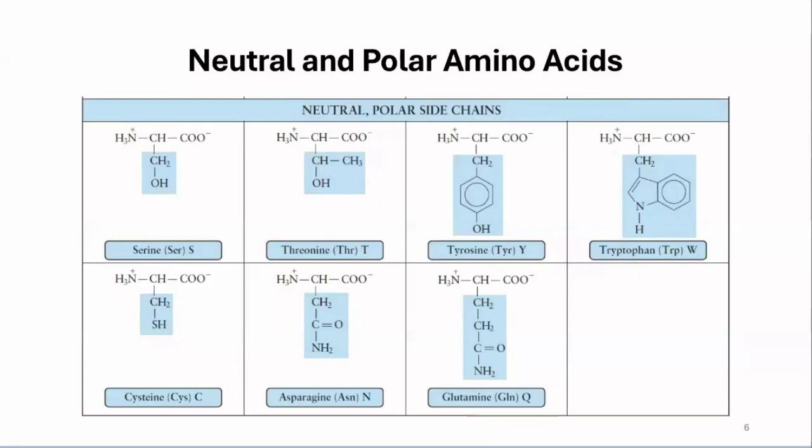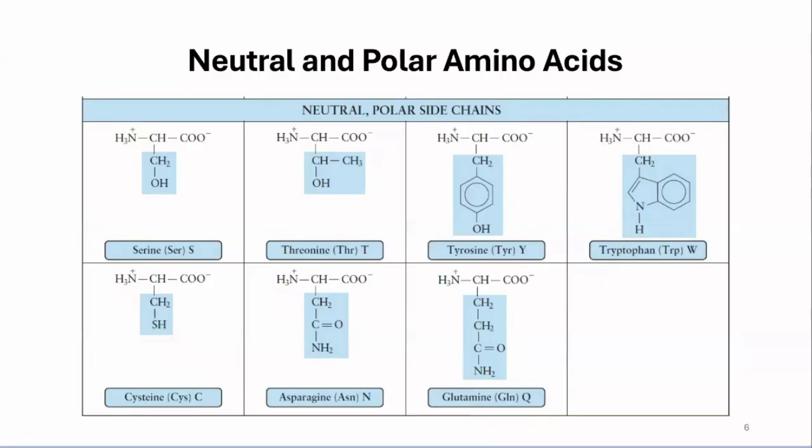Next, we have tryptophan. Other than the benzene ring, it has a heterocyclic amine. Next, we have cysteine, and cysteine has a thiol side chain.